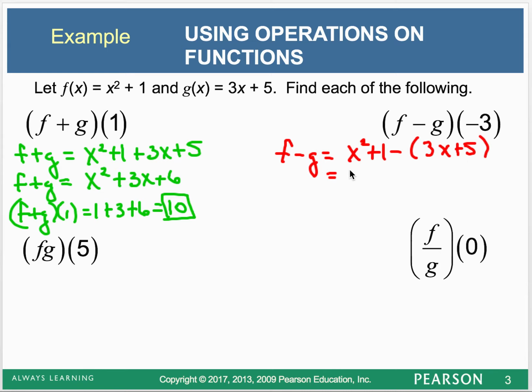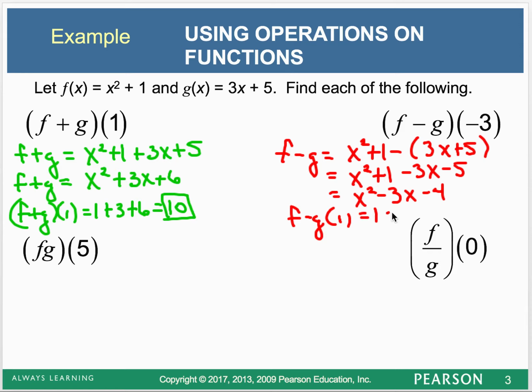So this is x squared plus 1 minus 3x minus 5, or x squared minus 3x minus 4. Then f minus g of 1 equals 1 minus 3 minus 4, or minus 6.